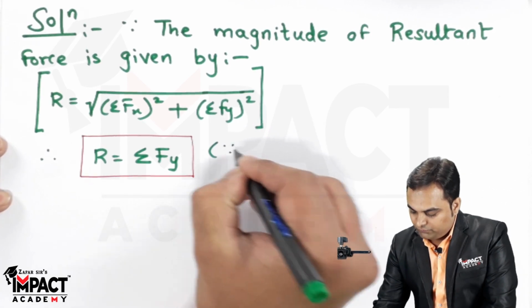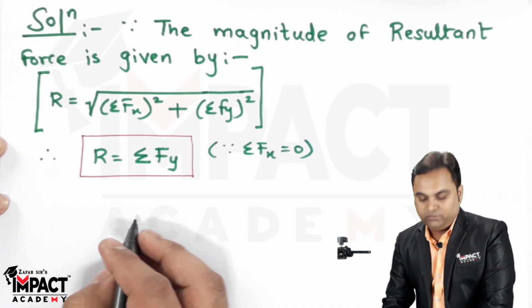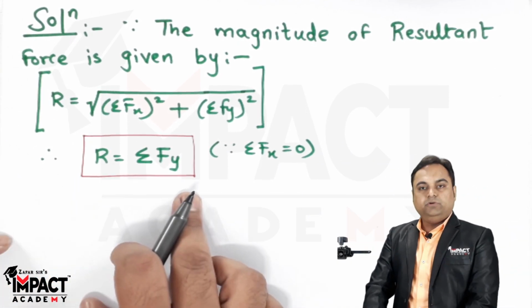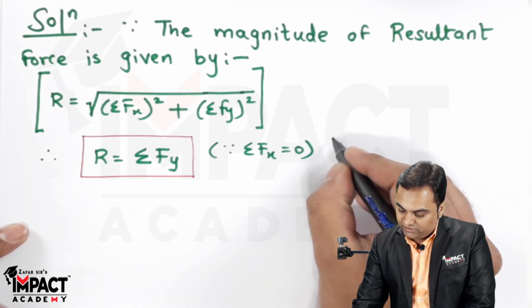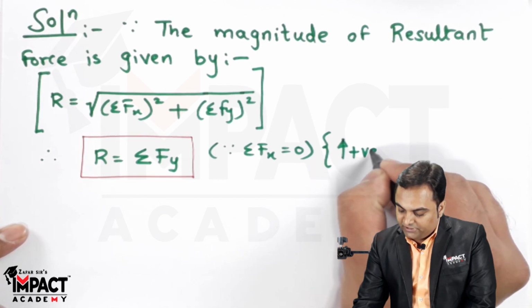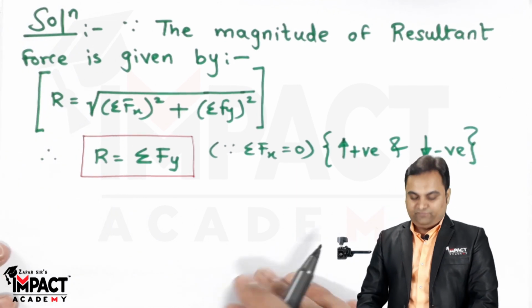This is due to summation Fx being 0. Now when we are finding the resultant, which is equal to summation of Fy, the sign convention is that all upward forces are treated as positive and downward forces as negative.